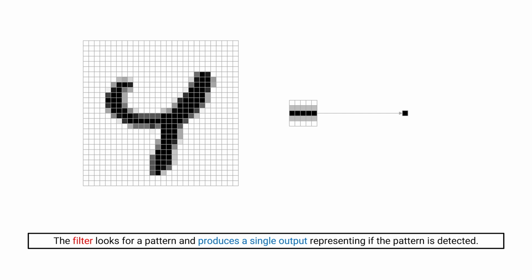Whatever it is, it's going to be some number, and that number is going to be in a range determined by our network. But in this case, we want it to be firing higher, so a bigger number, if the pattern's detected, and 0 or a low or negative number if the pattern is not detected. And so that's what the filters do when they pass along. They just go along and we look for these patterns.